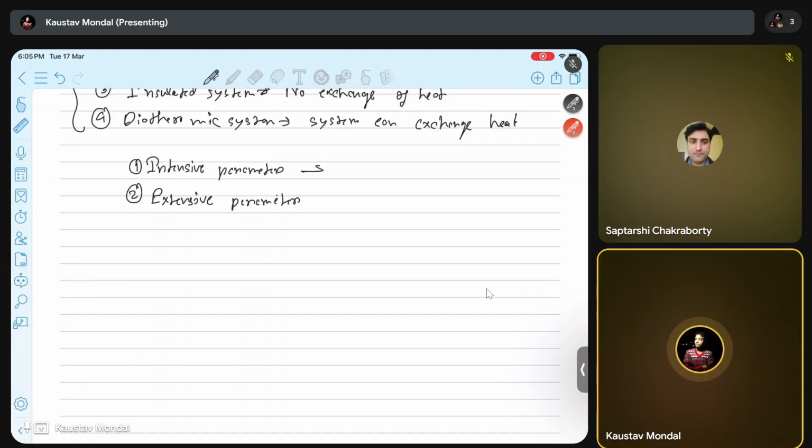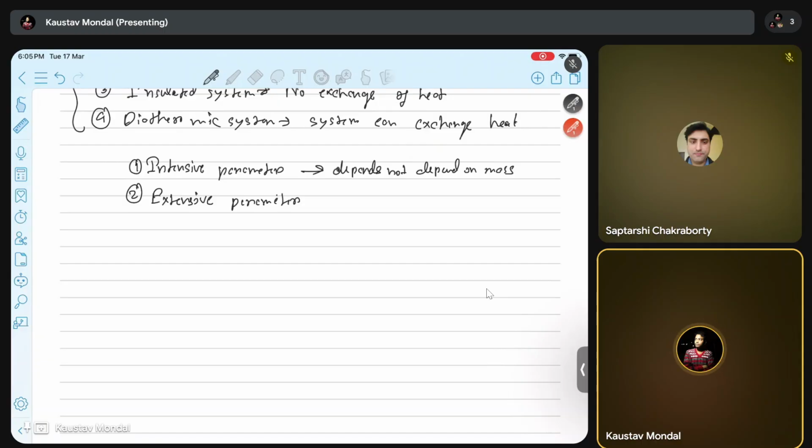The intensive parameters are the parameters that do not depend on the mass of the system. That means, like pressure, temperature.